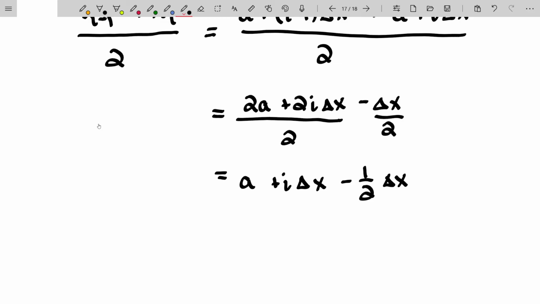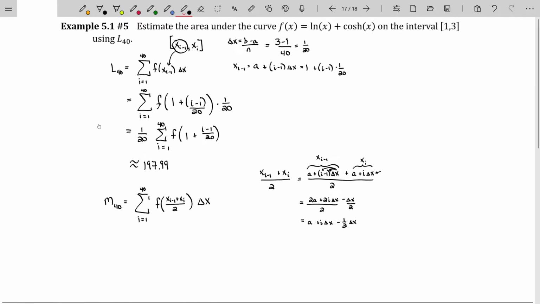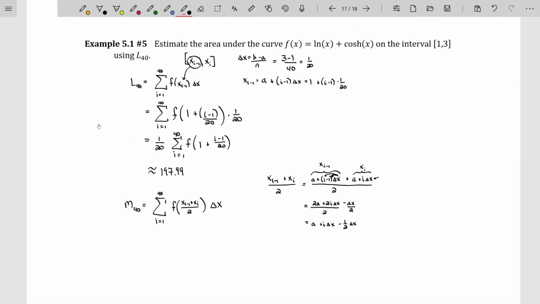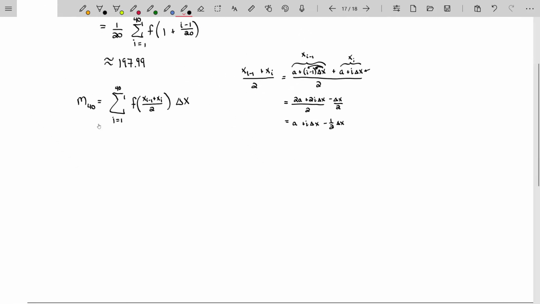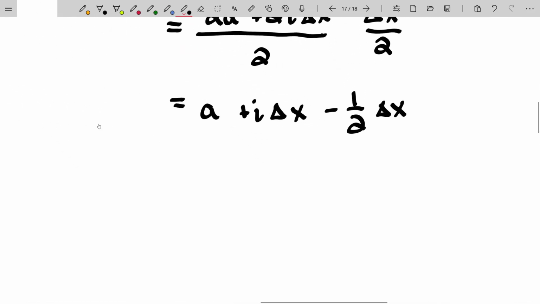Okay, so this is just me breaking this fraction into 2 subfractions and cleaning things up. Now I'm going to insert what delta x is and what a is from our work above. Delta x is 1/20th, and a is 1. So let's go ahead and insert that in.